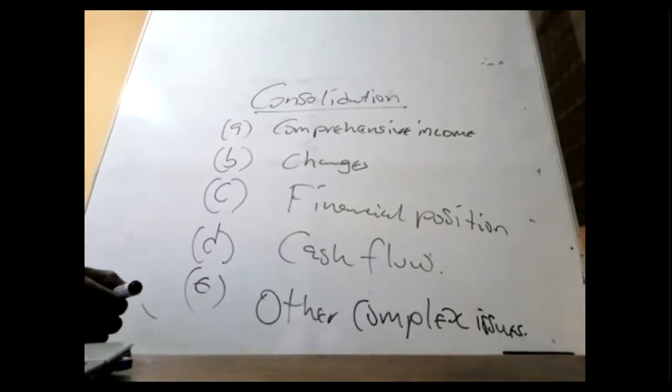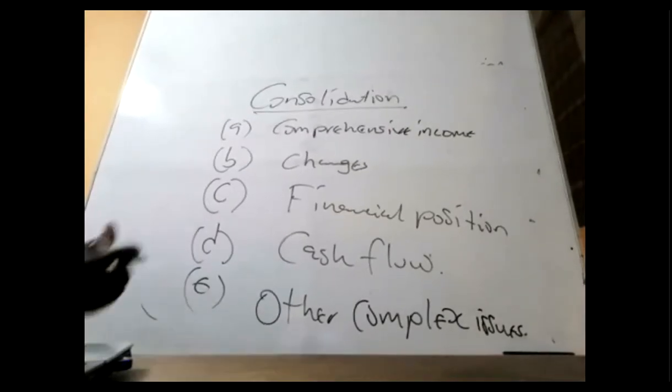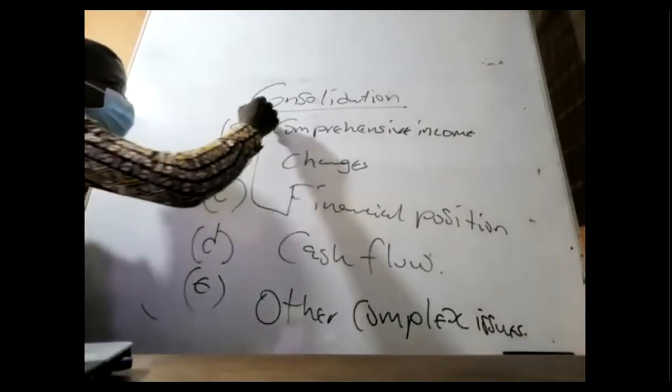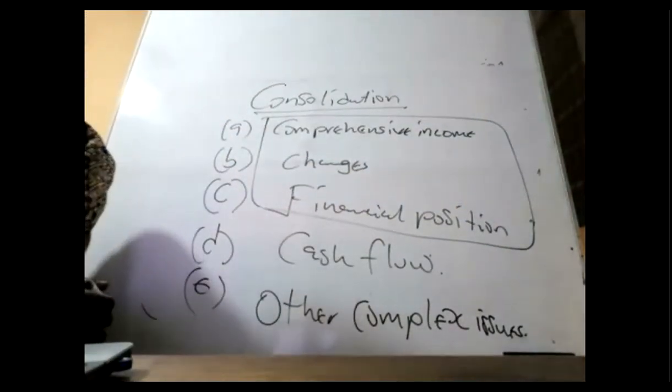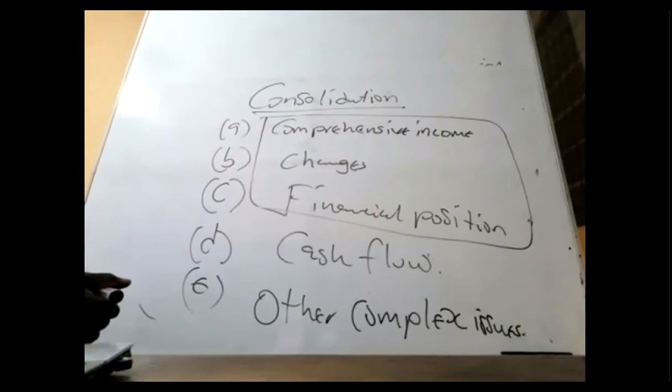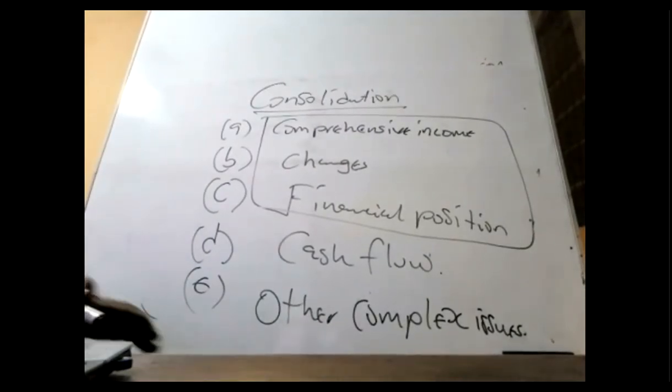Now, we are going to consolidate the comprehensive income and changes in equity, but for financial reporting exams, we are going to look at only the first 3. Just the first 3, no cash flow. Cash flow is for the final level, corporate reporting or strategic business reporting.